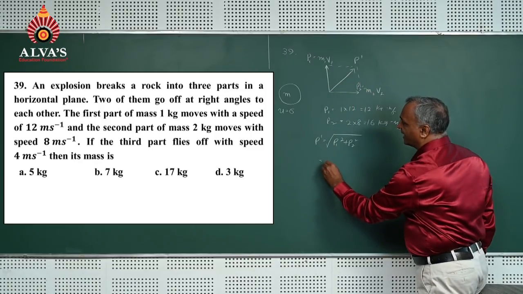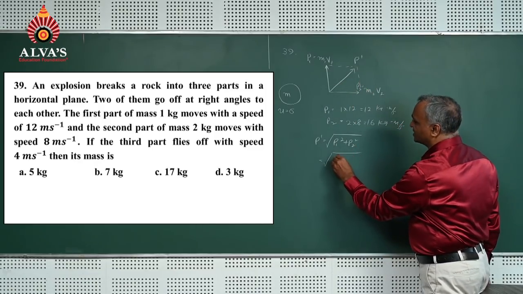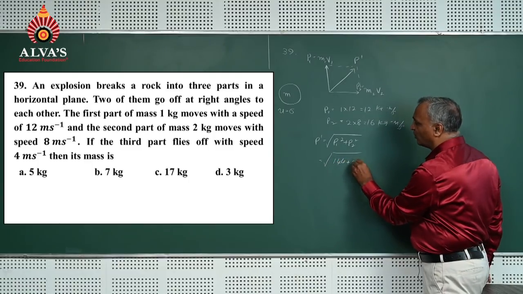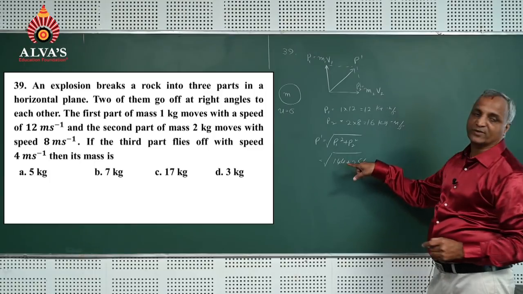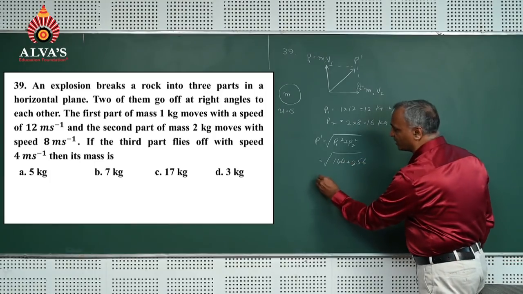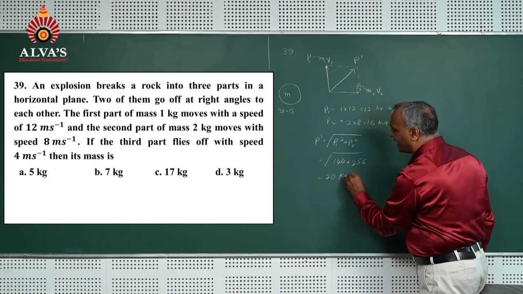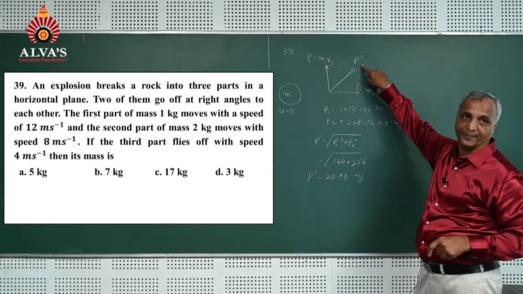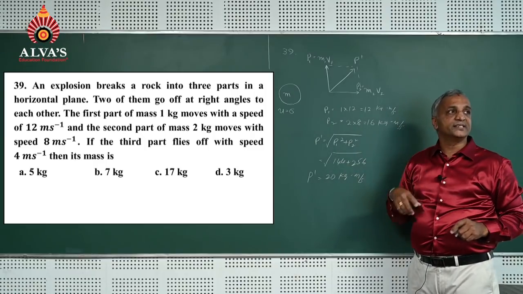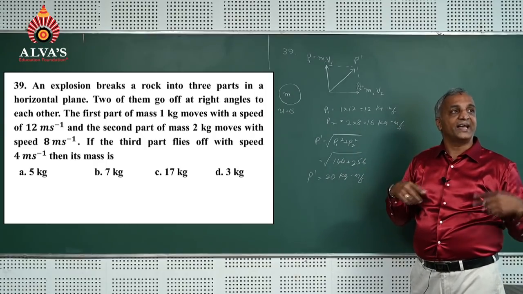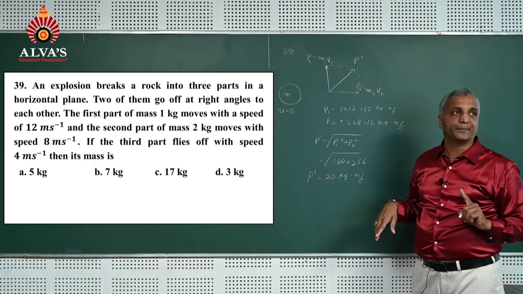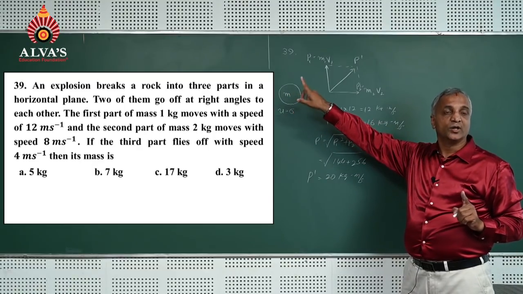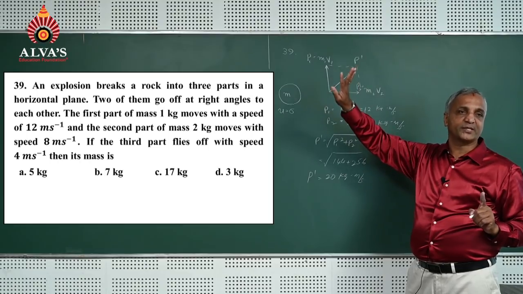So P1 square, that is 12 square, is 144, plus P2 square, which is 256. 256 plus 144 is 400, under root it becomes 20 kg meter per second, the net momentum. But in the problem it is given the third part flies off with a speed of 4 meter per second, and in fact the initial momentum is 0, so the final momentum also must be 0.